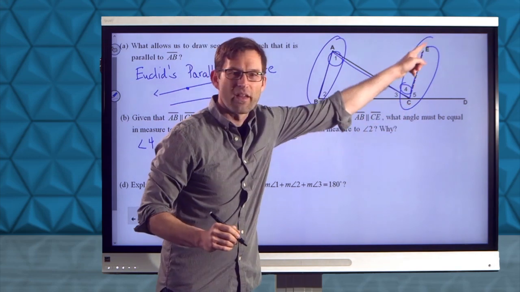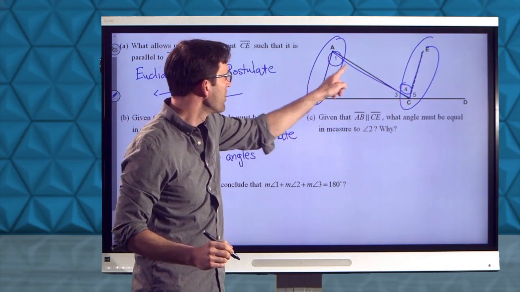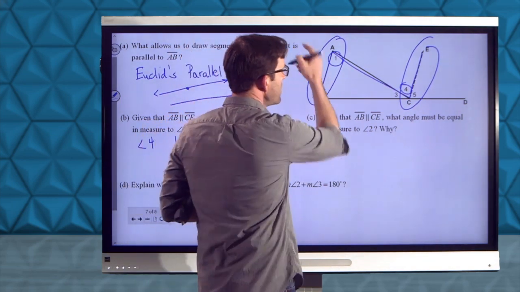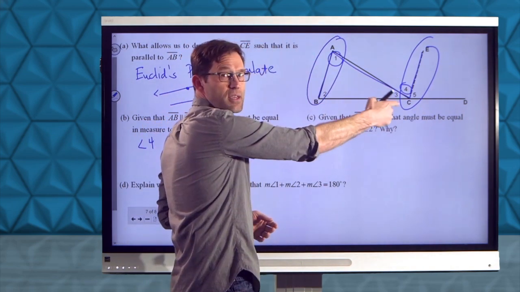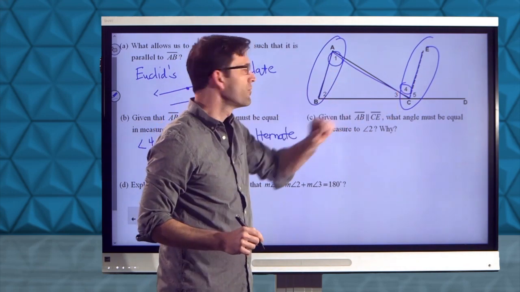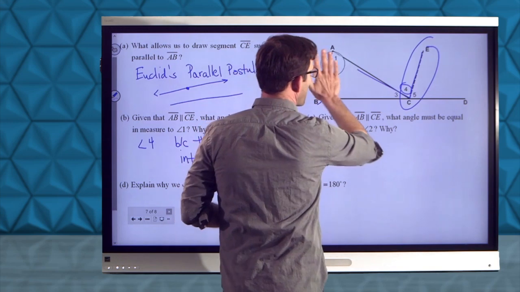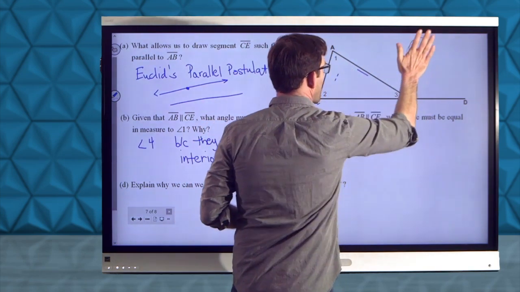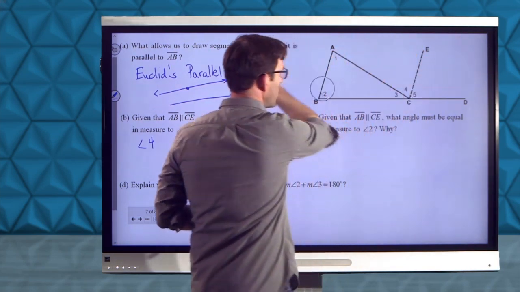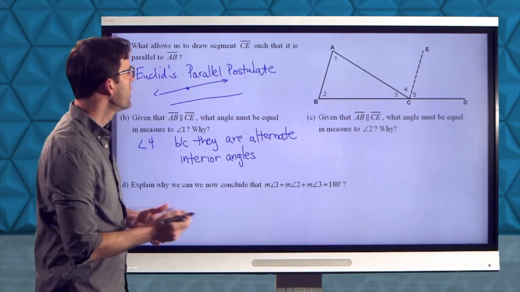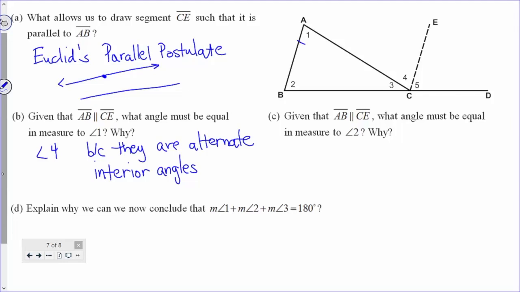In this case, it looks more like an N than a Z. But those 2 angles are alternate interior angles, right? These are parallel lines being cut by transversal AC, and 1 and 4 are alternate interior angles. I have got way too much going on in this diagram right now. All right, great. Cleaned it up a little bit. So, angle 1 is congruent to angle 4. Let's at least mark that.